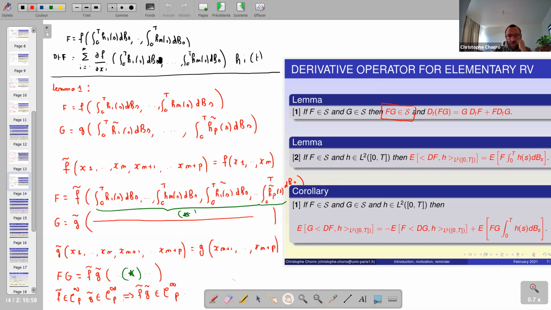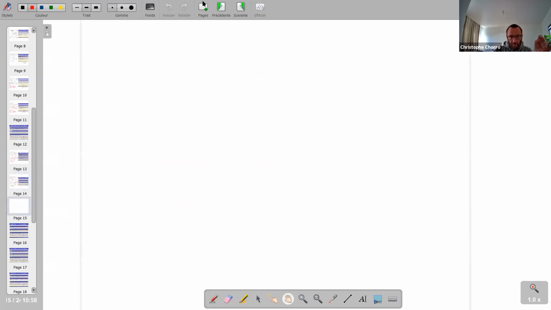And from definition 2, in order to compute Dt of f times g, I use the formula that it's the sum of the partial derivatives of the Wiener integrals multiplied by what I have inside the Wiener integrals. So let's write it. I will add a new page here.